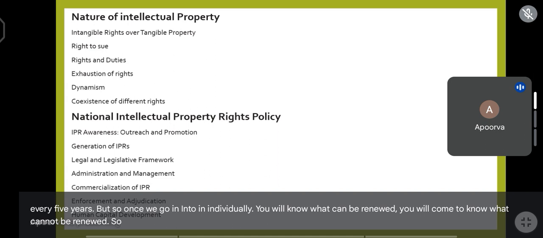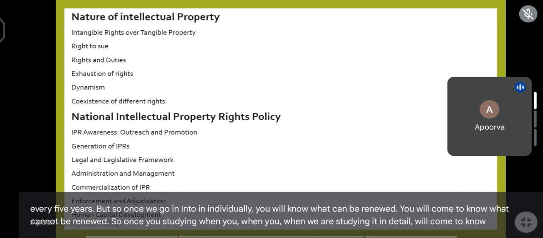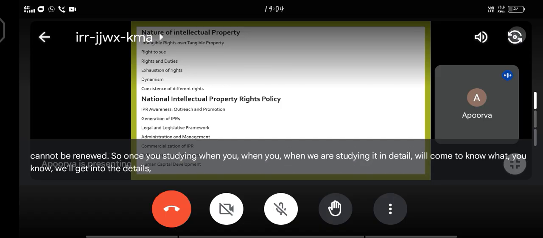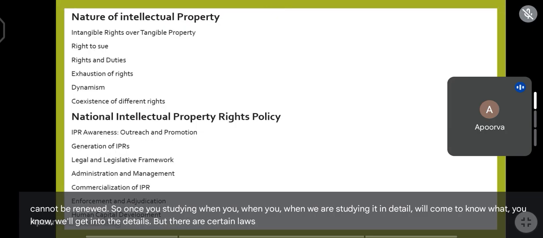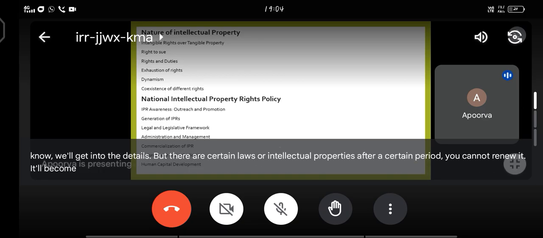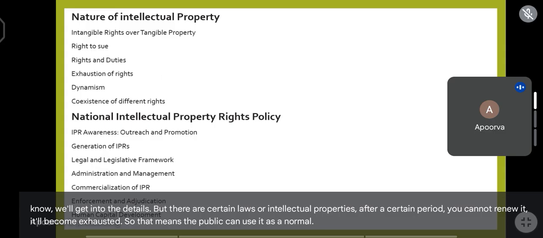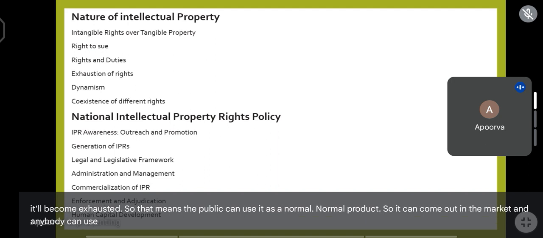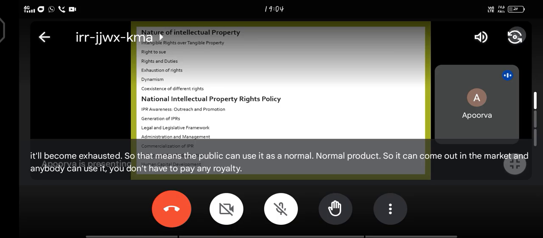When we are studying it in detail, we'll get into the details. But there are certain intellectual properties where, after a certain period, you cannot renew it. It will become exhausted. That means the public can use it as a normal product. It will come out in the market and anybody can use it. You don't have to pay any royalty for it. Okay, ma'am.